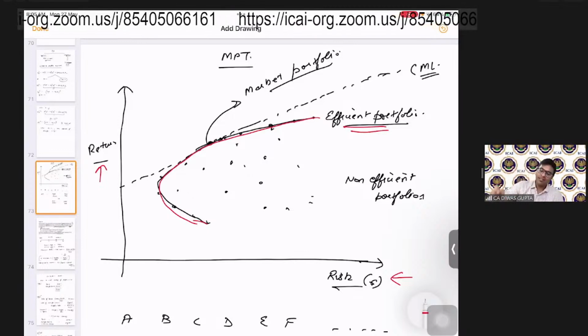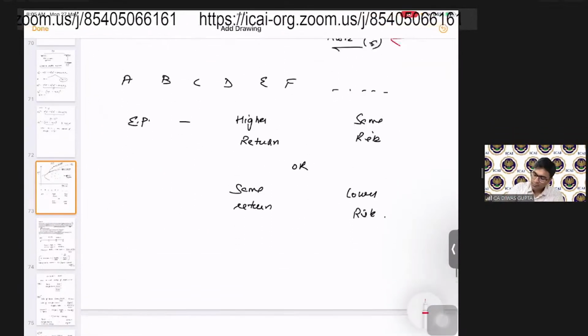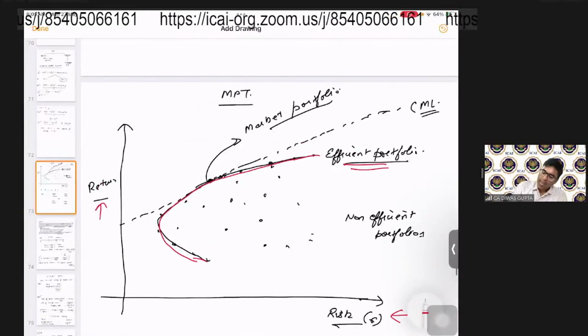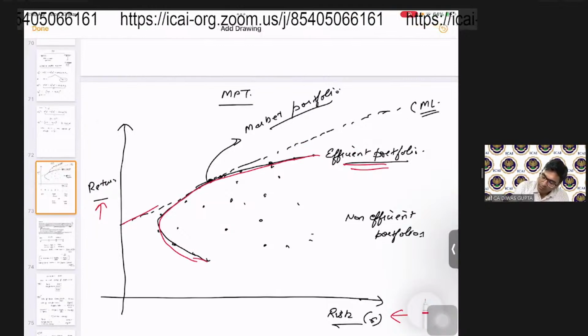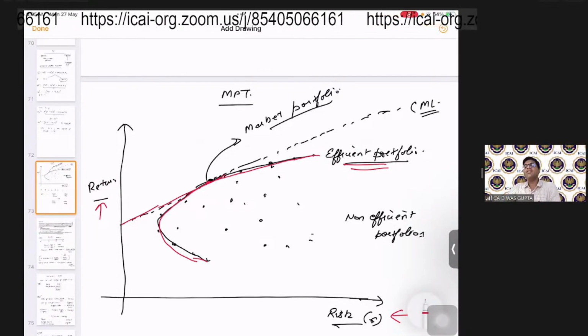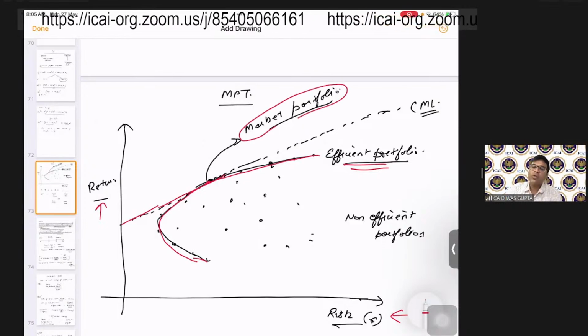That is why this is called the efficient portfolio. And if we put a capital market line, wherever the capital market line meets the efficient portfolio, that is called the market portfolio, students.